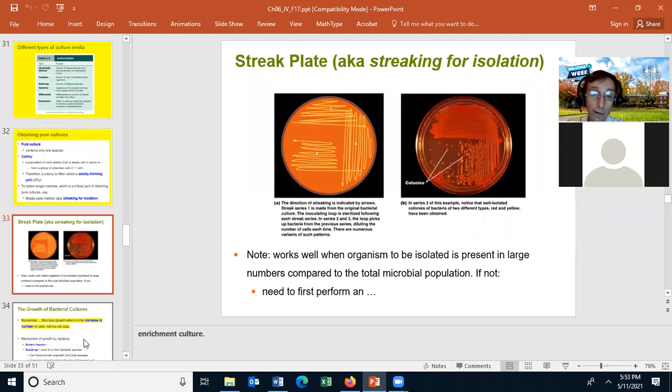What you want to do is take your loop containing bacteria of one or more species, and then streak it out, and then put your loop back in an incinerator to sterilize the loop of the bacteria, and then streak out quadrant 2. When setting up quadrant 2, you want to go through the bottom of quadrant 1.